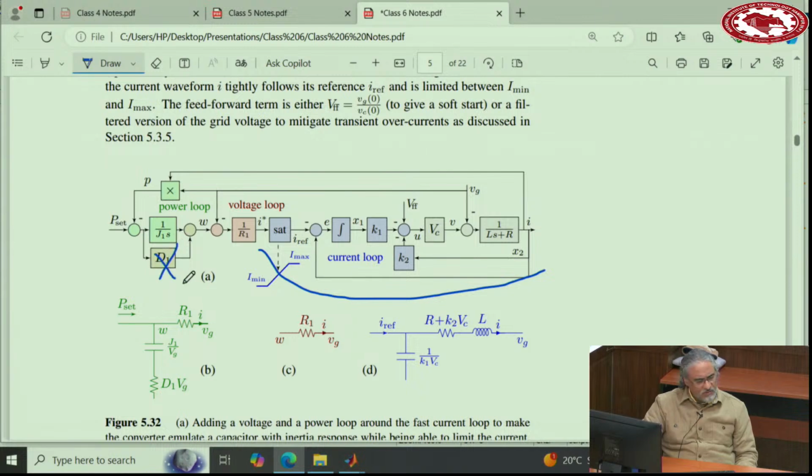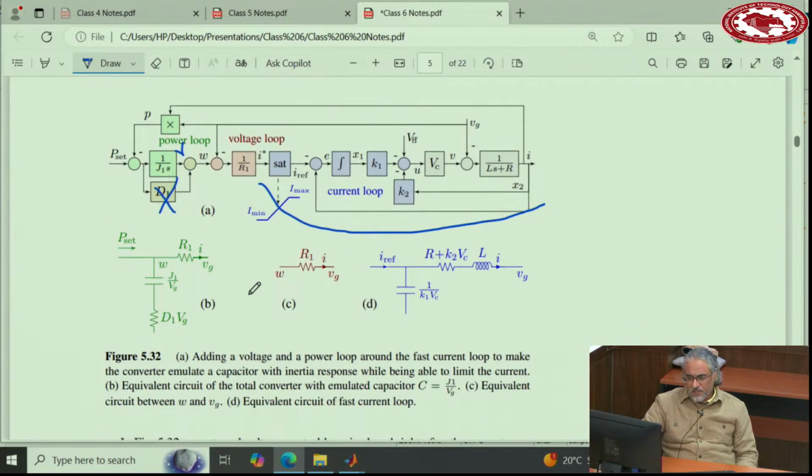We do not need it. In AC system we need that, but not in DC. And this is a capacitor, because it integrates the current or power and gives you a voltage. And then this voltage is subtracted from the grid voltage and then divided by R1, and you will see in a moment, and then choose that as the reference for the current and then limit that. That's it.